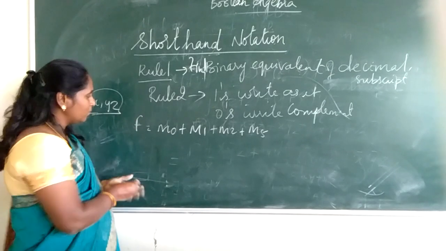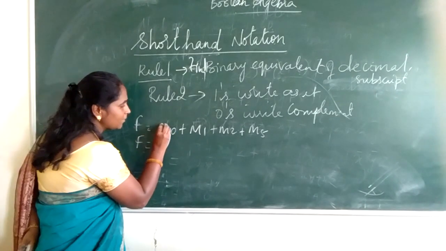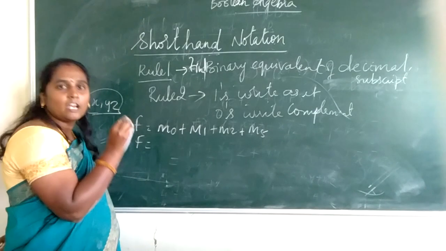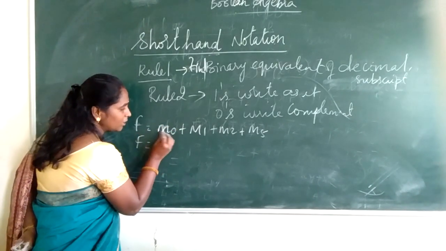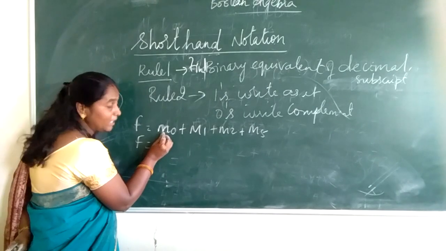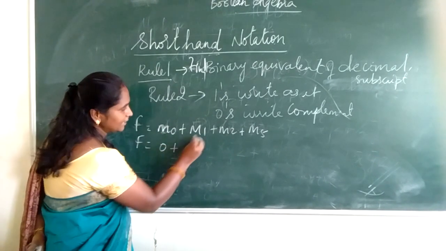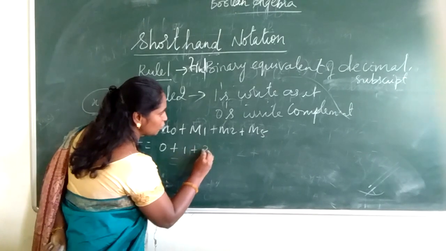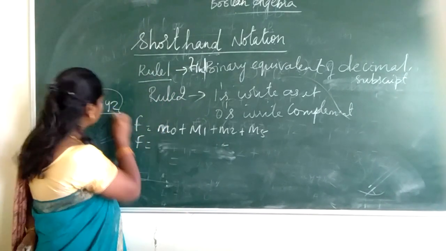Then what you are going to do is f. Okay. Here m0. I have already taught this. If you want to find which is min term or max term, if it is small m, you are going to consider it as min term. That is nothing but SOP. Here it is the sum of m0, m1, m2, m5. That is nothing but binary forms. So in binary forms it is 3 inputs.